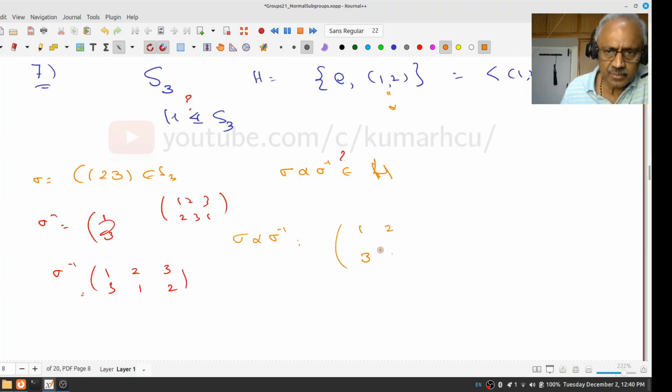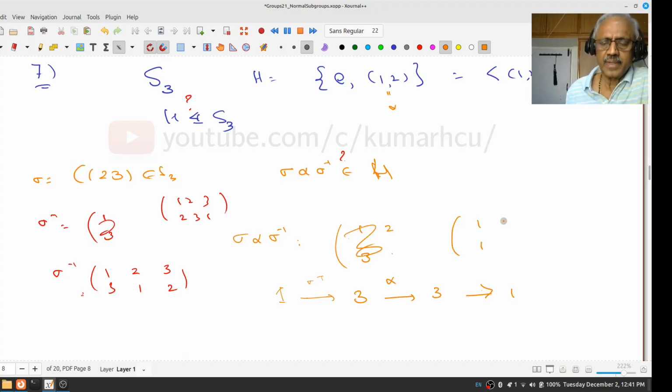I am making some mistake. Let me just make sure. Sigma inverse alpha, right? So let us do it properly. Under sigma inverse, 1 goes to 3. Under alpha, 3 goes to 3, right? And under sigma 3 goes to 1, therefore 1 goes to 1, right? Therefore it must be the transposition (2 3).